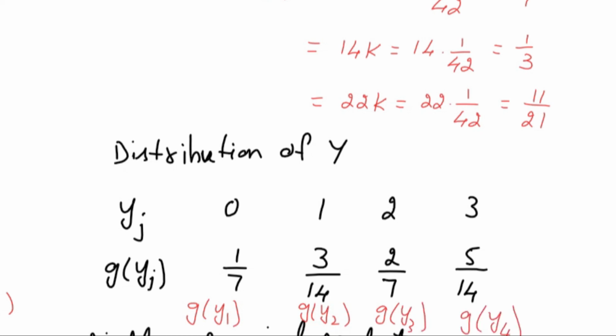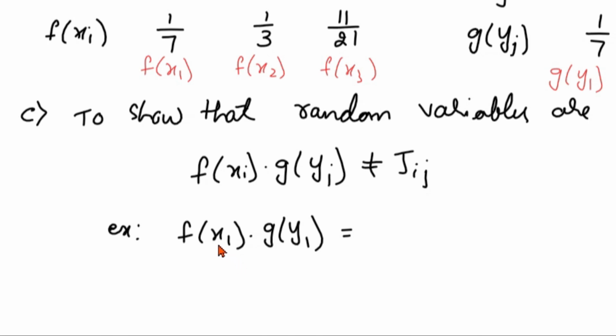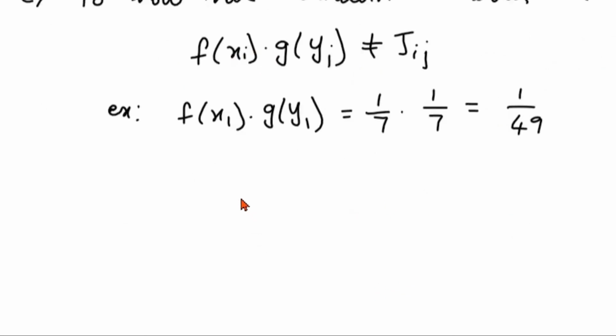So the first result, f of x1 g of y1: f of x1 is 1 by 7, g of y1 is 1 by 7. So its value is 1 by 49. Now check the value g11.